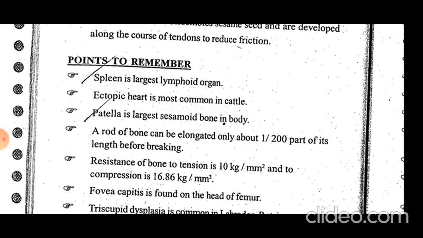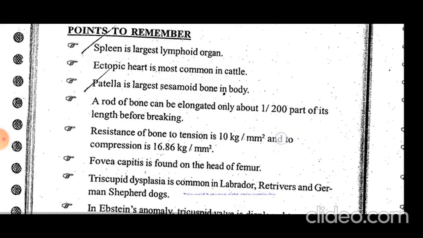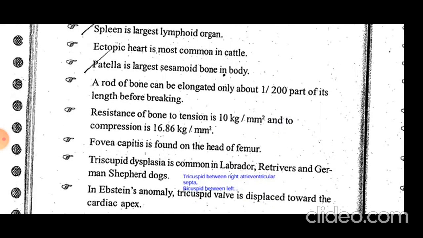Fovea capitis is found at the center of the head of the femur, and horse, cattle and buffalo have different shapes of that fovea capitis. Tricuspid dysplasia is common in Labrador retrievers and German Shepherd dogs.